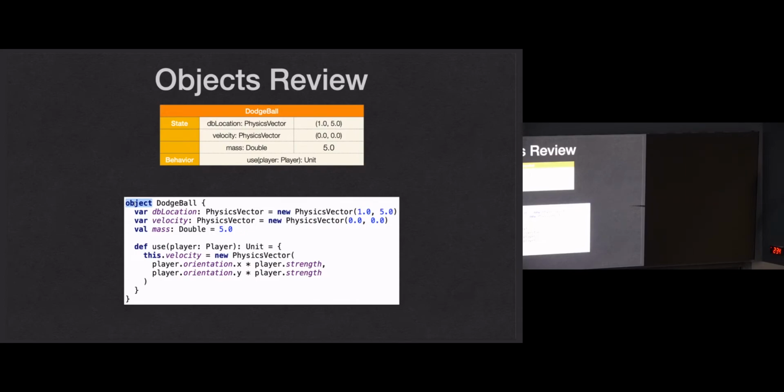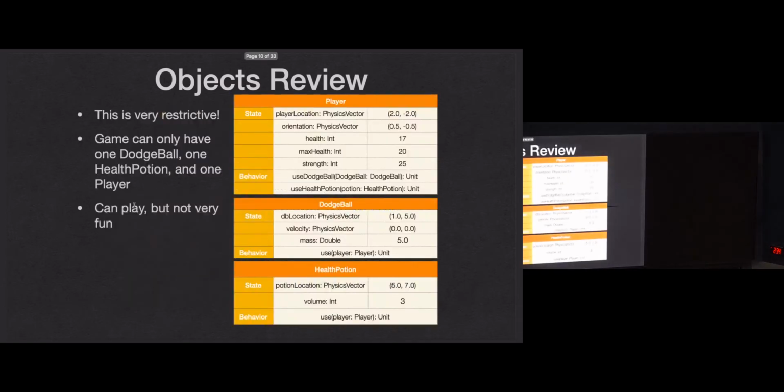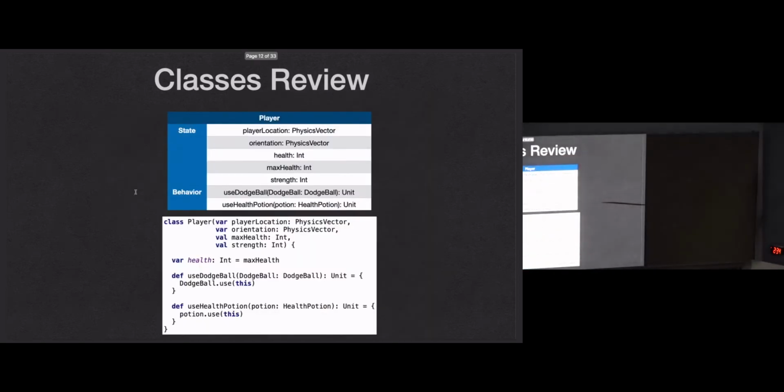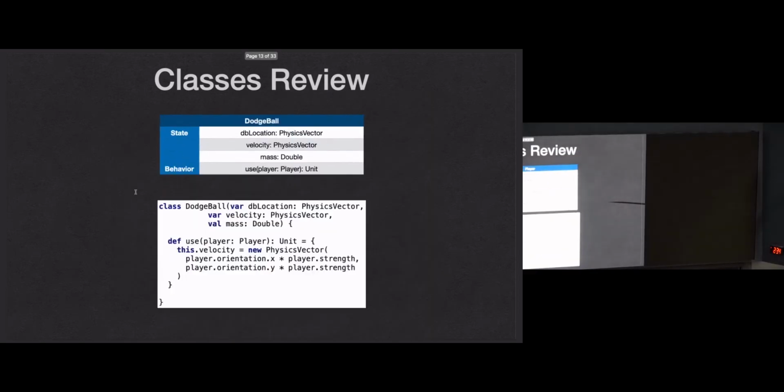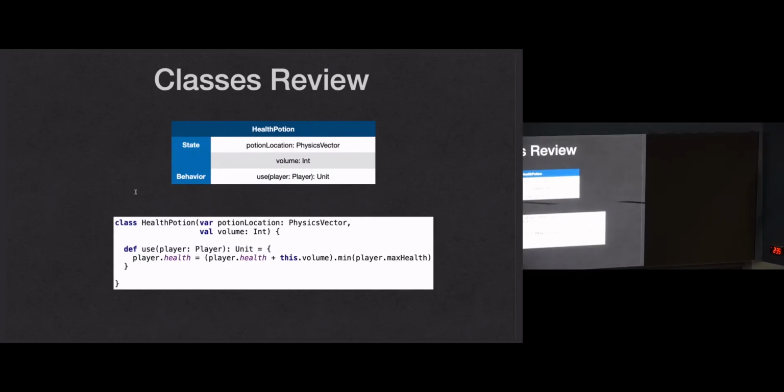This is an example of if we were just to say, I don't feel like learning classes, I'm just going to use objects for anything. This was the pitfall you would run into. If you use object here, you get a single player game with one of each object. We don't want to do things like that. So we rewrote it using classes. And these classes would be defined without those objects. The object code wouldn't exist. We wouldn't actually do things like that. We want to use classes instead of object.